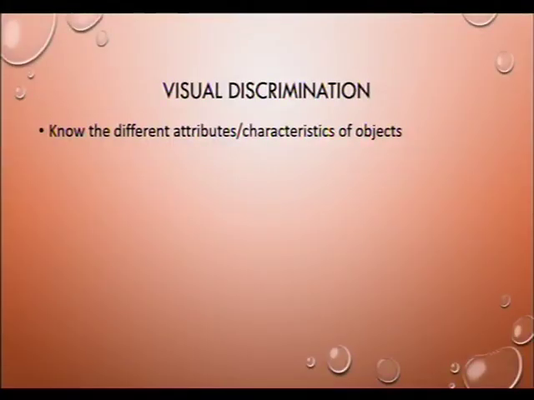What is visual discrimination? Now, I have to know the different characteristics of different objects. I have to be able to identify an object according to its color, the shape, whether it is rectangular, triangular, circle.